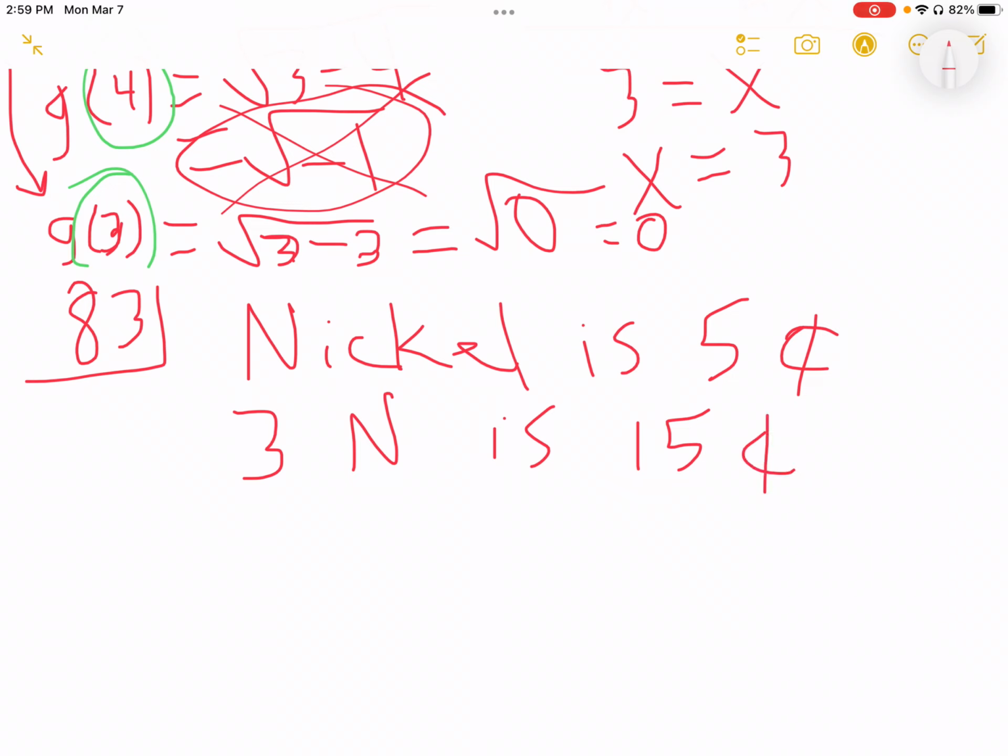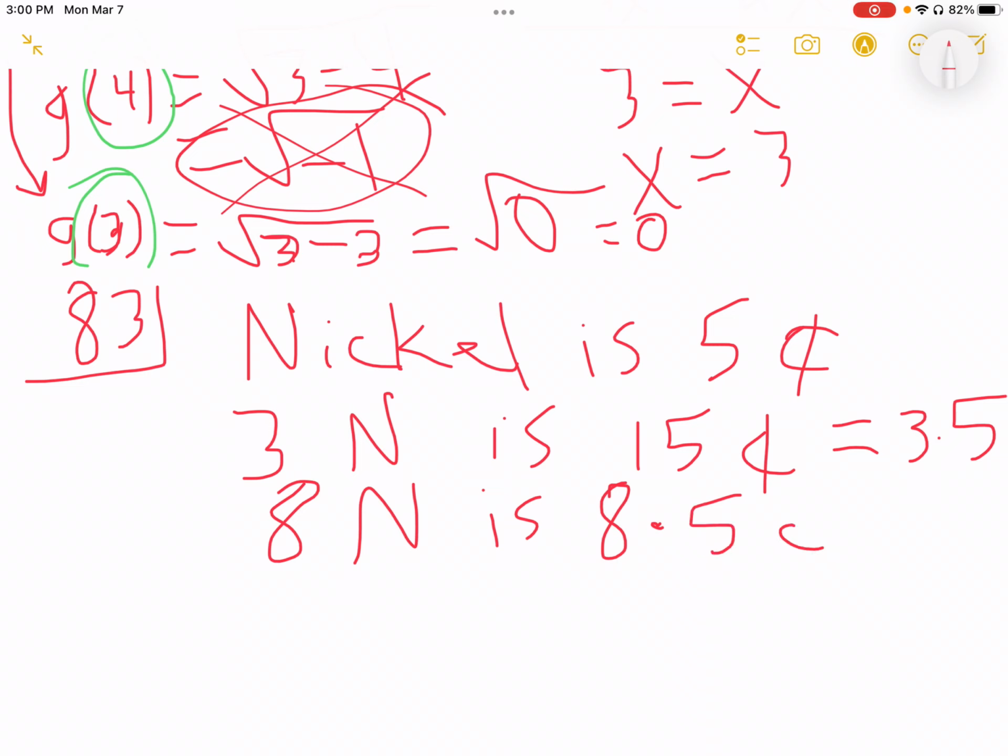And then if we had 8 nickels, right, then what I did over here, I did 3 times 5 to figure out that. So then over here, I just say 8 times 5 cents, and it's equal to 40 cents.